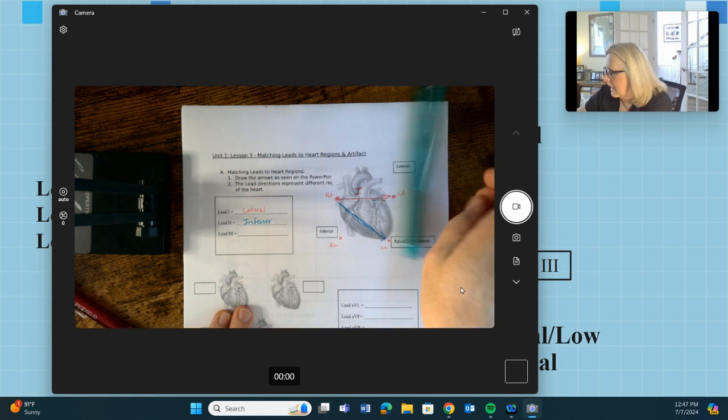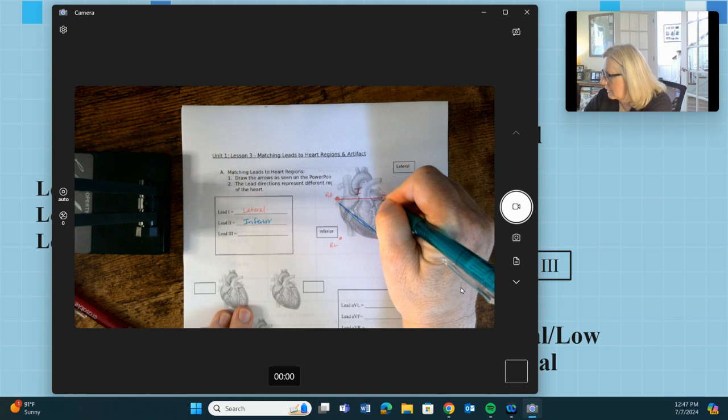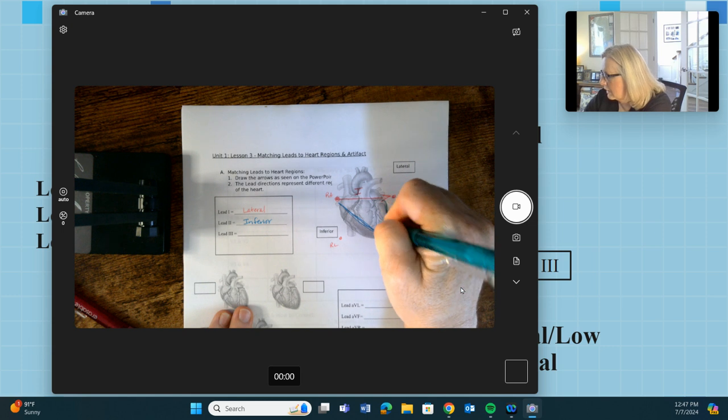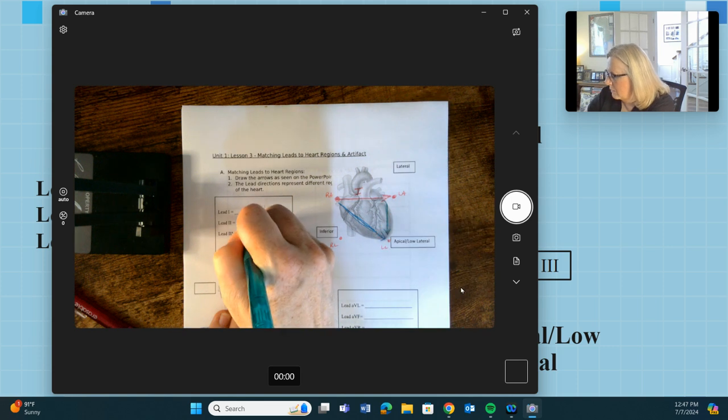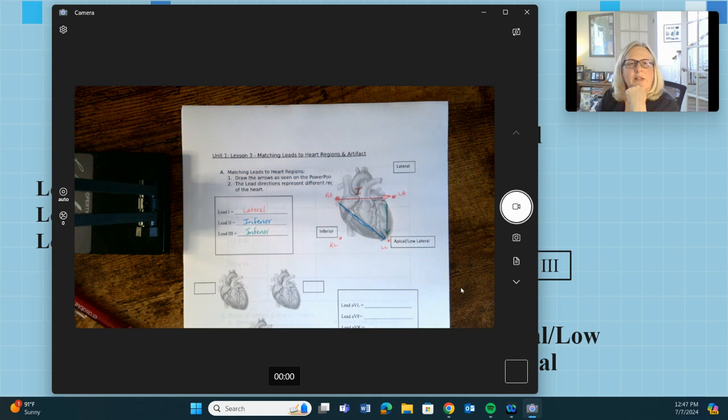And notice that lead 3 also goes from the left arm to the left leg, also goes to the bottom of the heart, which is going to also be inferior. So notice that lead 2 and 3 are both inferior. Those leads on your EKG paper itself are grouped together.